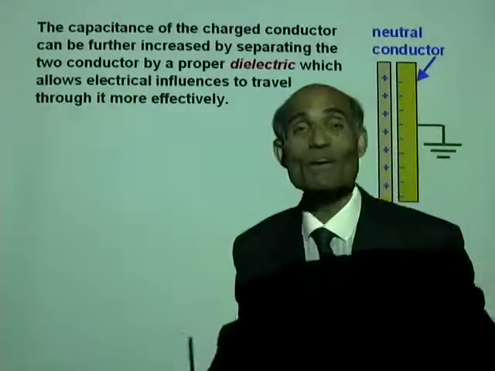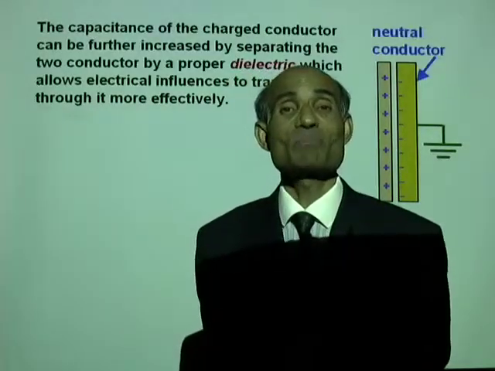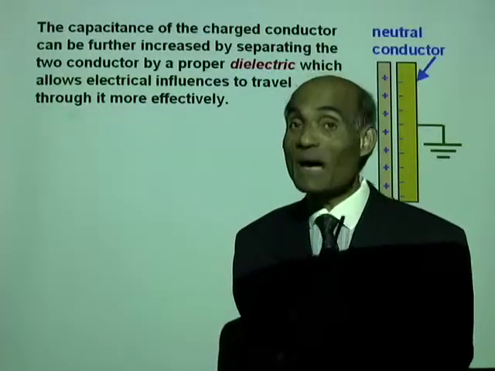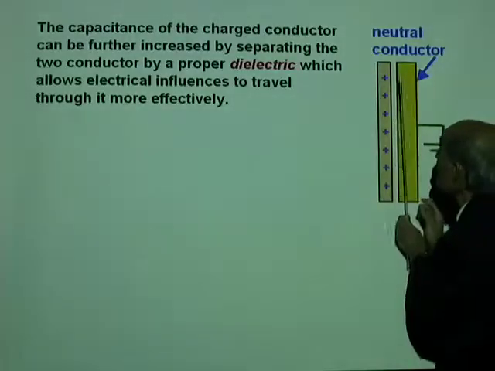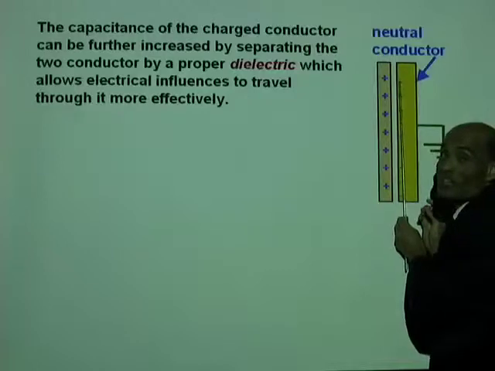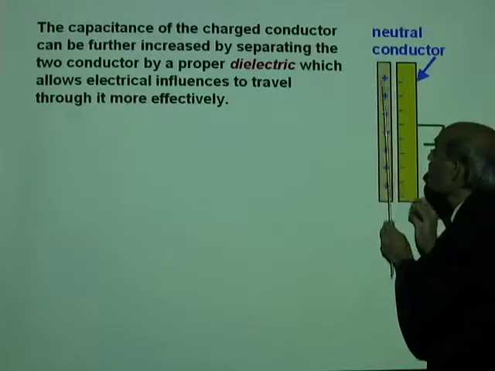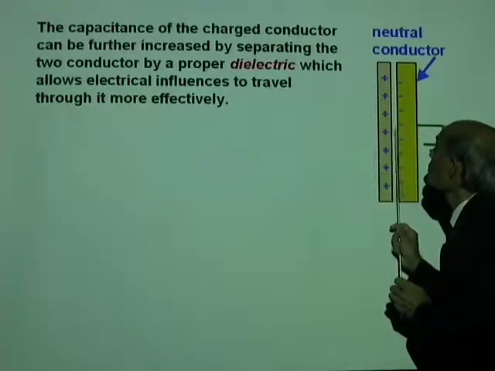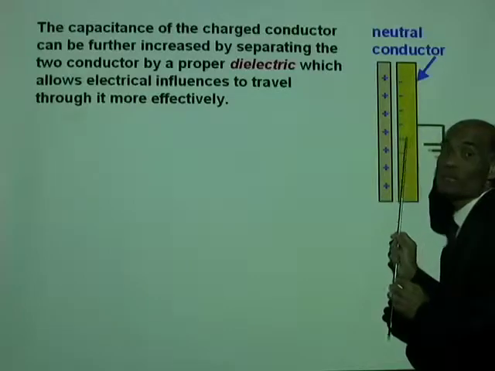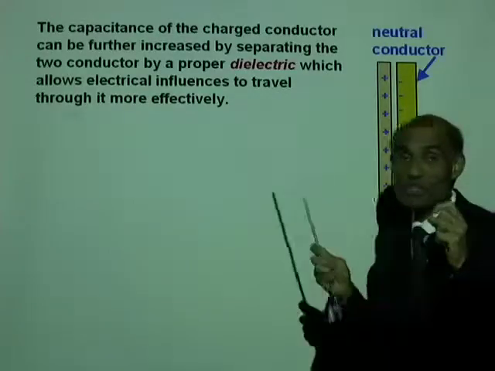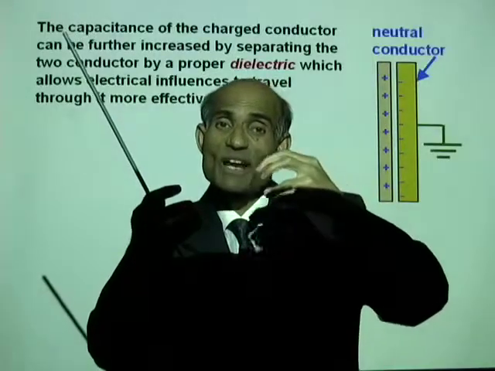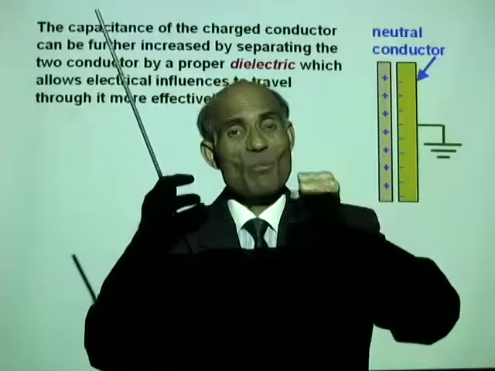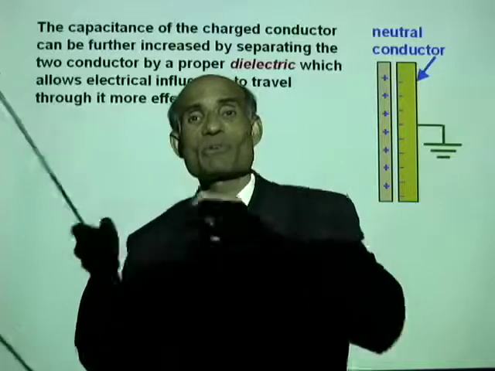There is one more way to increase the capacitance, and that is, you see, the influence of these negative charges are transmitted to the positive charge through this intervening medium. Is that right? You see, the medium plays a part in transmitting electrical influences from one object to the other.